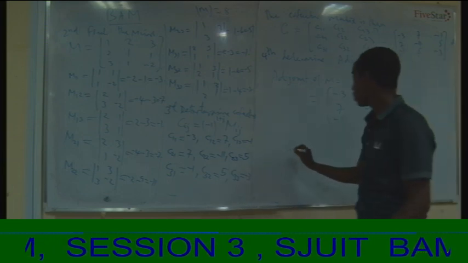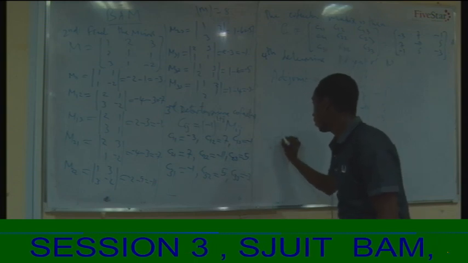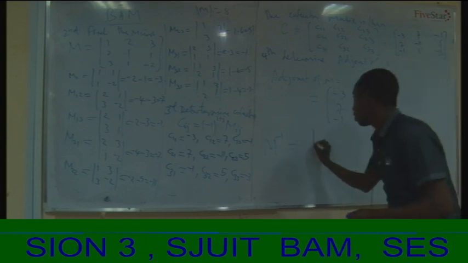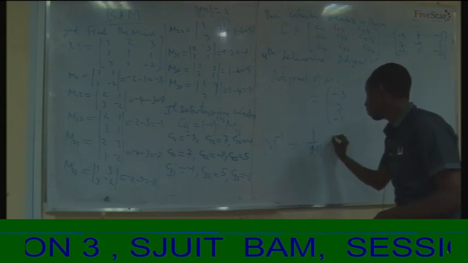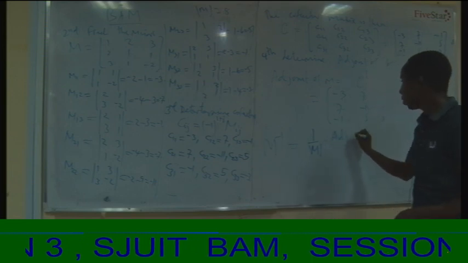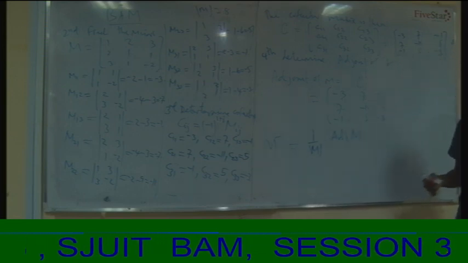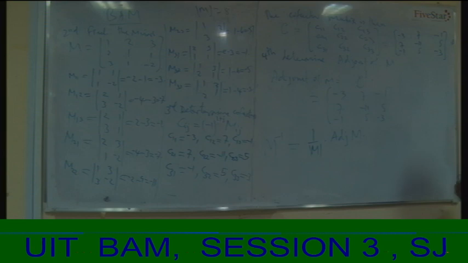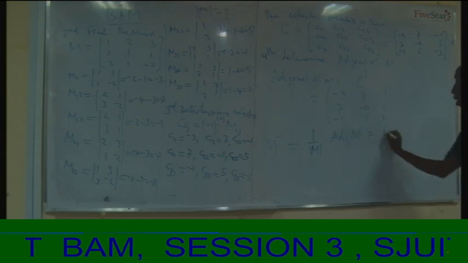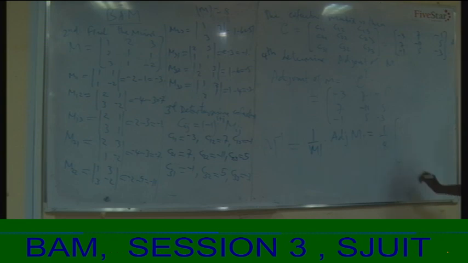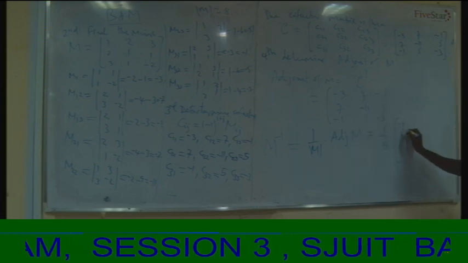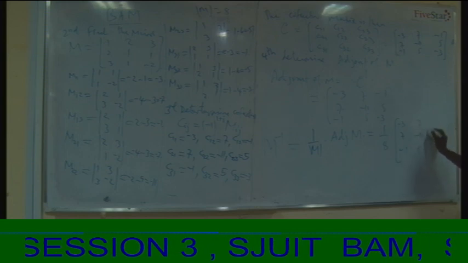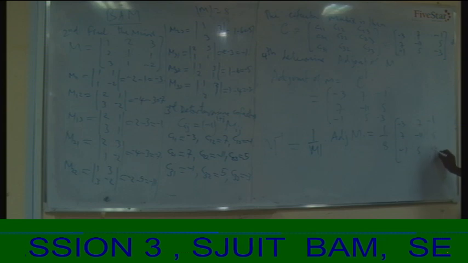Now the inverse of a matrix, M inverse, is just 1 over the determinant of M times the adjoint of M. And the adjoint of M is the matrix obtained by transposing the cofactors of matrix M. This is equal to 1 over 8 times the adjoint of M, so you have -3, 7, -1, 7, -11, 5, -1, 5, -3.